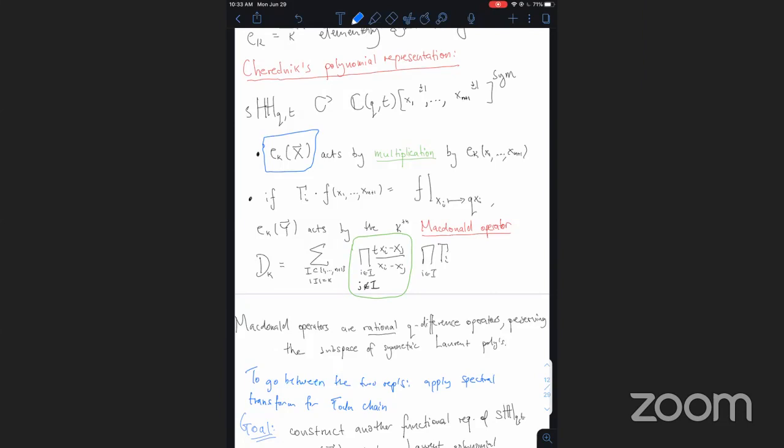So I wanted to ask about this computation of path partition functions for the Toda and Macdonald cases.